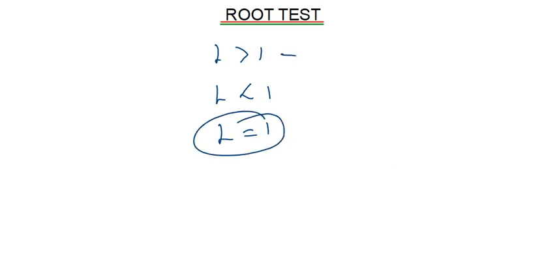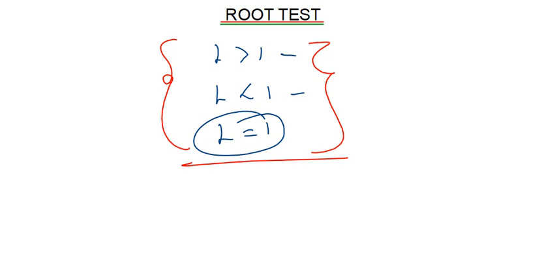To remind ourselves again, if L is greater than 1, then it diverges. If L is less than 1, it converges. If L is equal to 1, we can't really conclude whether it diverges or converges. So this is where the whole thing lies. If we know this, it's going to become much easier to solve questions, because it's just a matter of finding your L. Then after you find your L, you're able to make a conclusion from there.